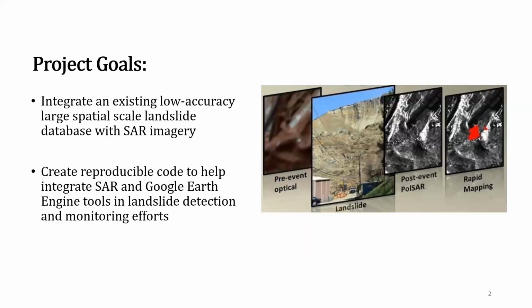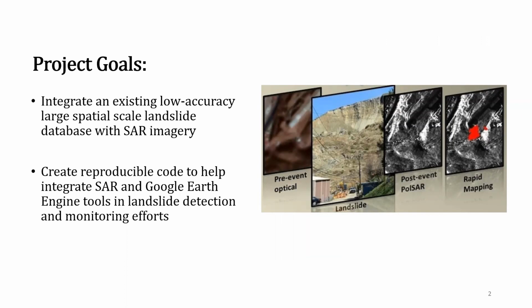So our project goals were to integrate an existing, what we call low accuracy, large spatial scale landslide database with the SAR imagery. This database was built by previous cohorts in the program.